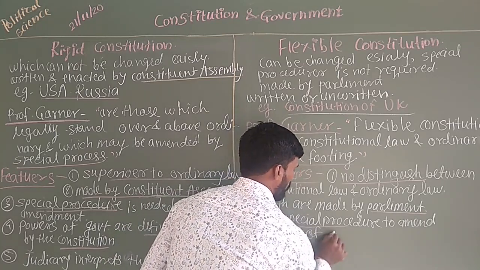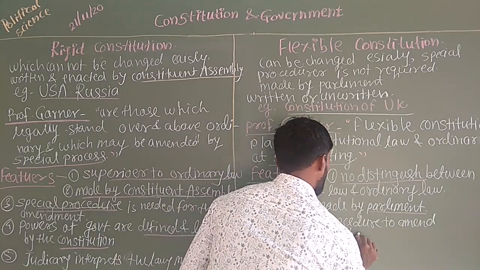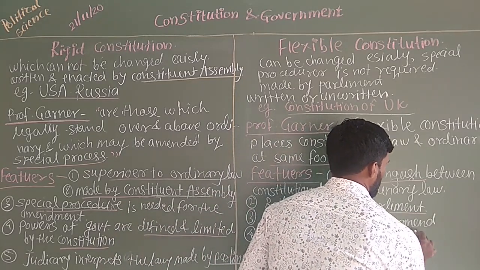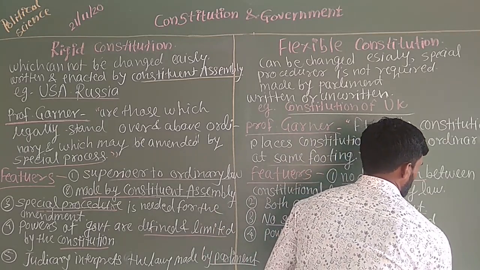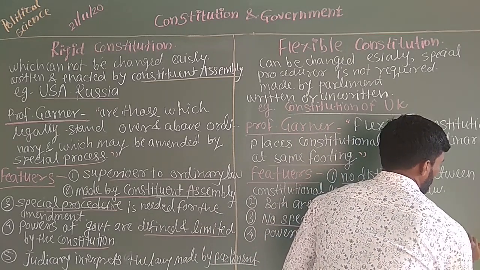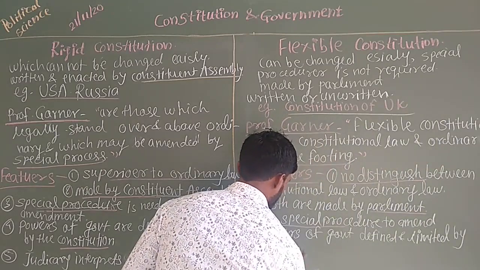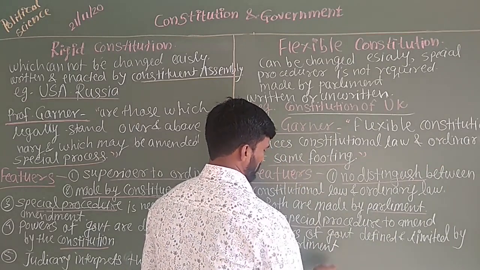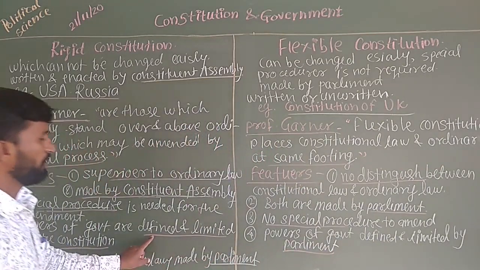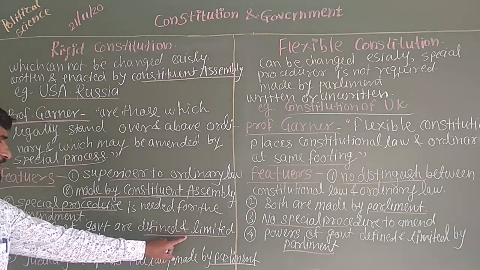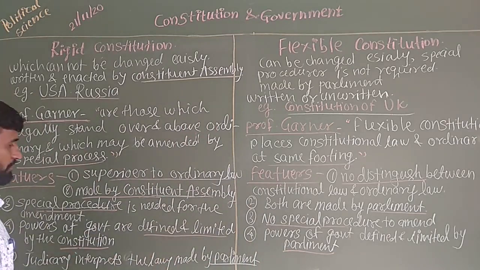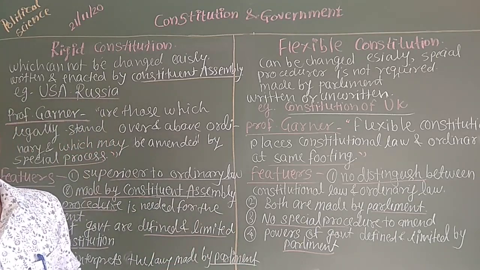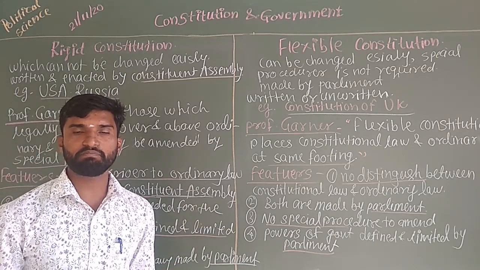Powers of government defined and limited by parliament. Here it is parliament, but in the rigid constitution it is the constitution. Fifth, judiciary cannot interpret the laws made by the parliament.